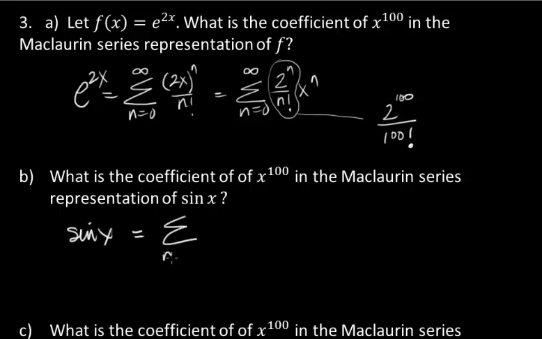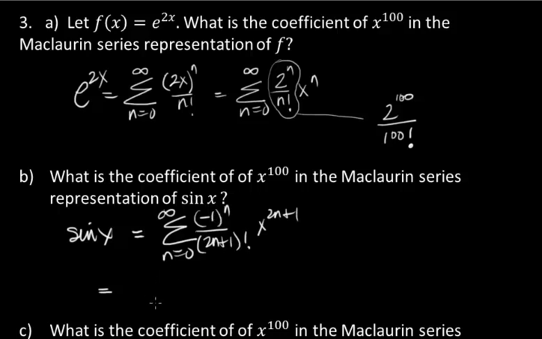It's the sum from n equals 0 to infinity of minus 1 to the n over 2n plus 1 factorial times x to the 2n plus 1. If you wanted to write out a few terms and you were confused about how you would get the x to the 100th, you could write out a few of the terms.